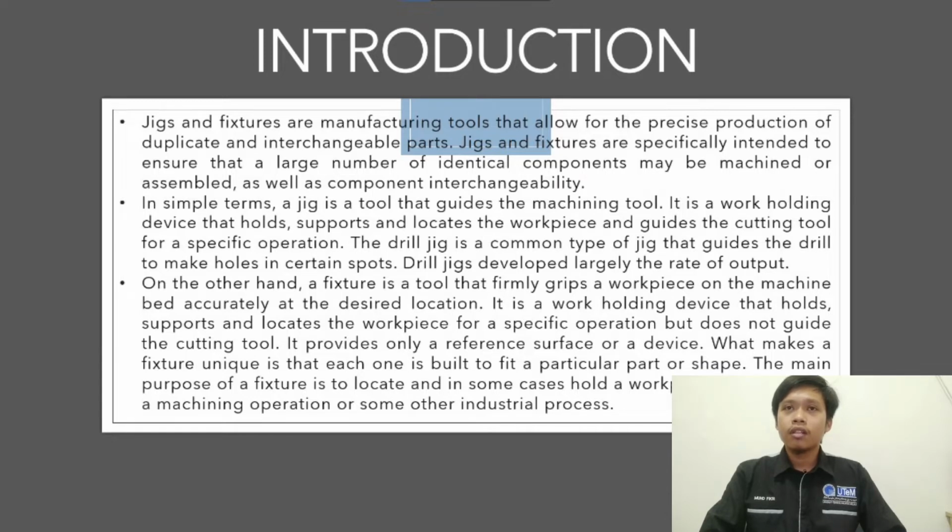It provides only a reference surface or a device. What makes a fixture unique is that each one is built to fit a particular part or shape. The main purpose of a fixture is to locate and, in some cases, hold a workpiece during either a machining operation or some other industrial process.